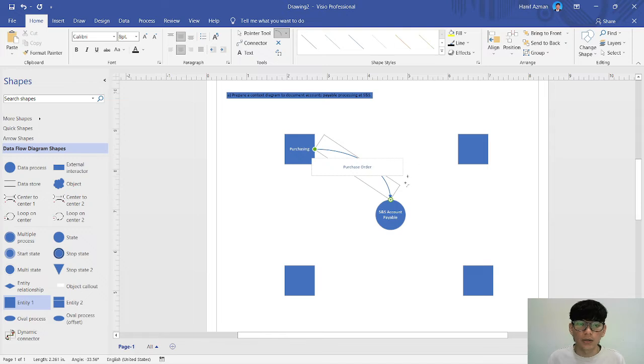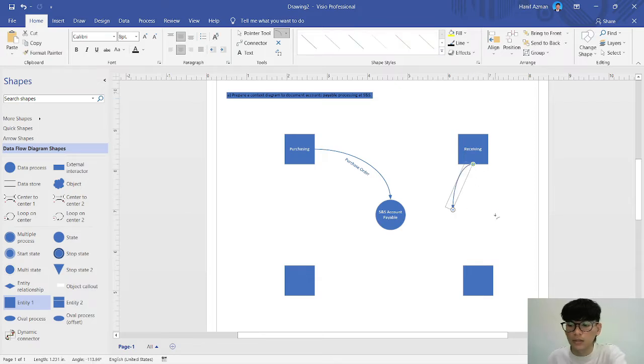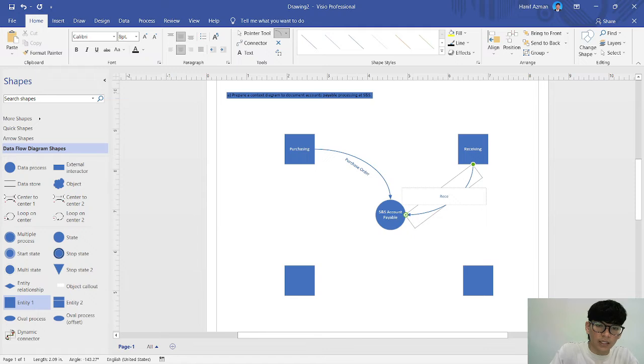The arrow means the data flow, the flow of data into or out of the process. The second one is receiving. Receiving sends the receiving report to S&S accounts payable to report all the things.